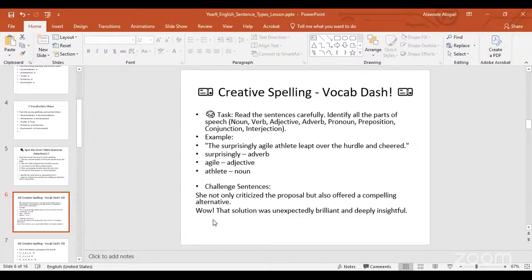Correct. So what part of speech is wow? You see, as small as it is, it belongs somewhere. You've not used it so far. Let me give you some clues. You've not used it so far, but it's here.